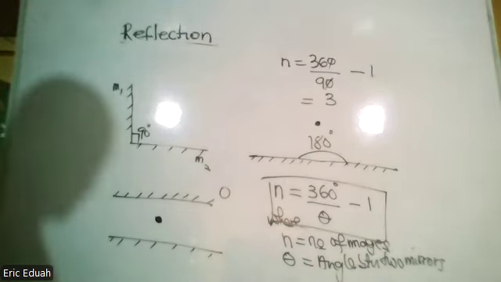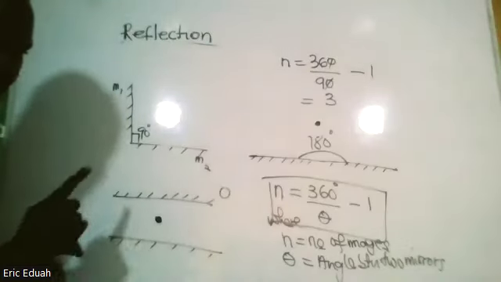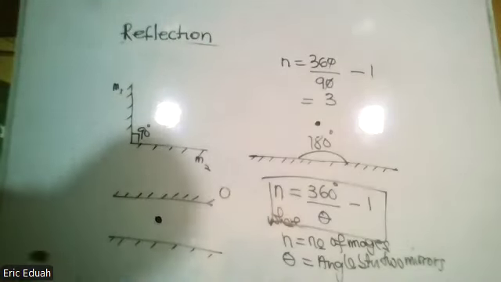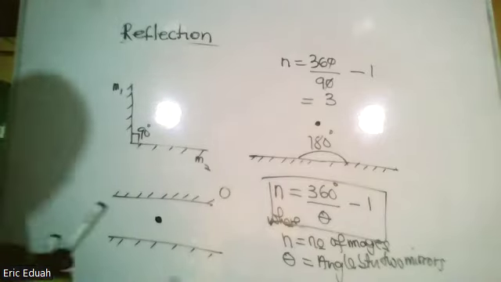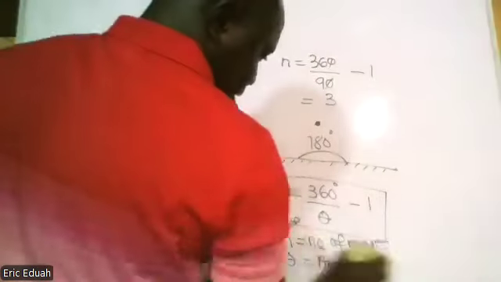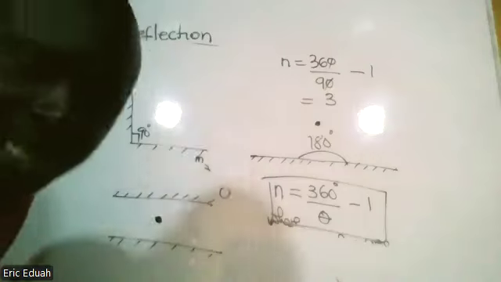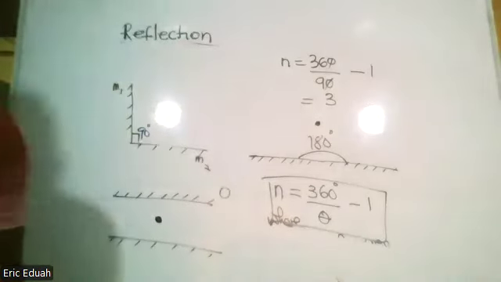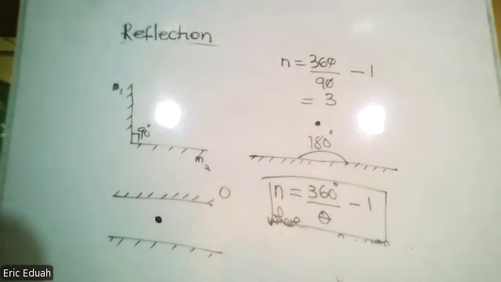Now, if the angle between them is 0, if the two mirrors are parallel, the reason you have an indefinite number of images is this: divide 360 by 0 and subtract 1 and tell me your results. Who is doing that for us?